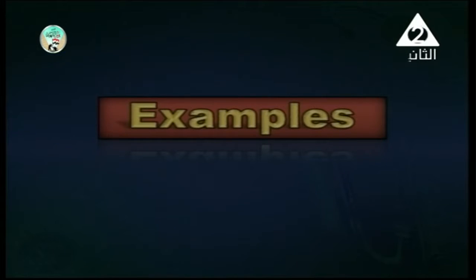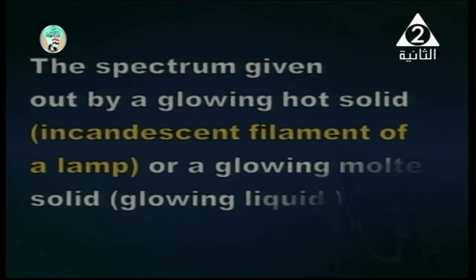Examples for continuous spectrum: the spectrum given out by a glowing hot solid object, such as the incandescent filament of a lamp, or the spectrum given out by a glowing molten solid.